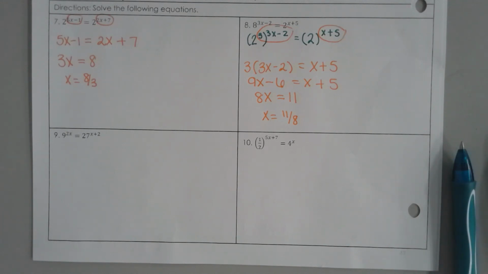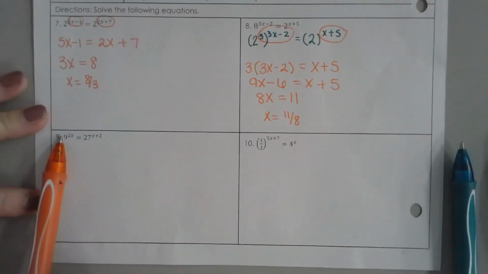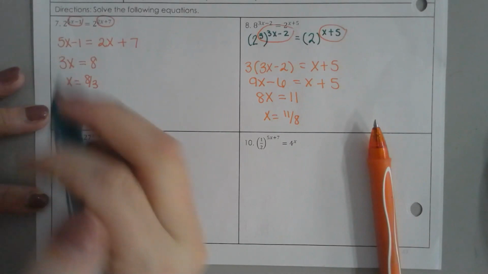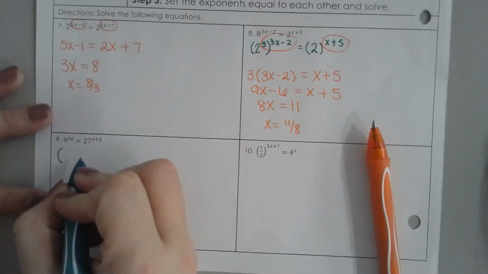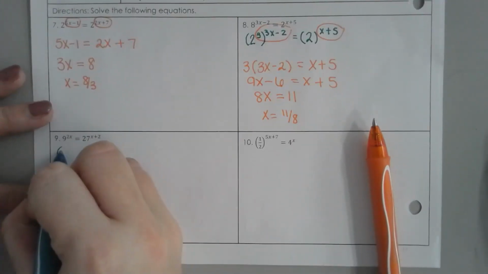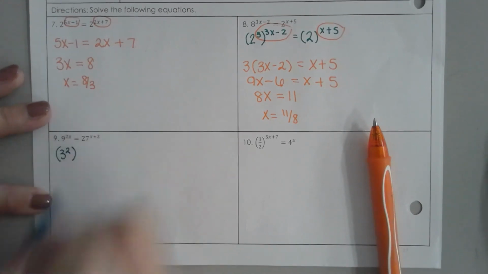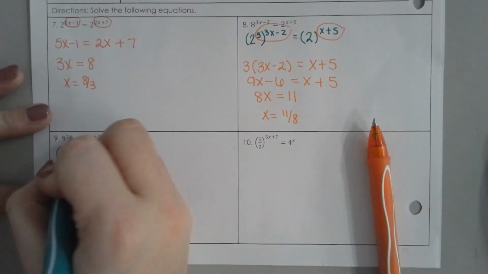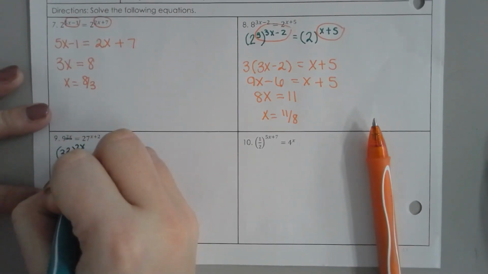What could I make a common base of? 3. This 9 is 3 to what power? Yep. So I can rewrite the 9 as 3 squared. And then I still have that 2x.